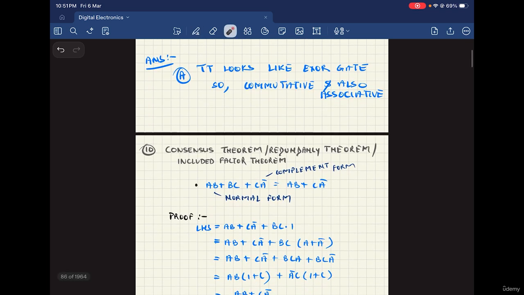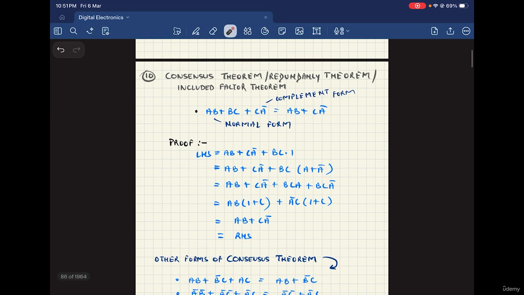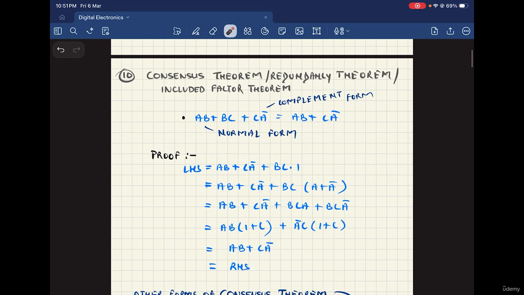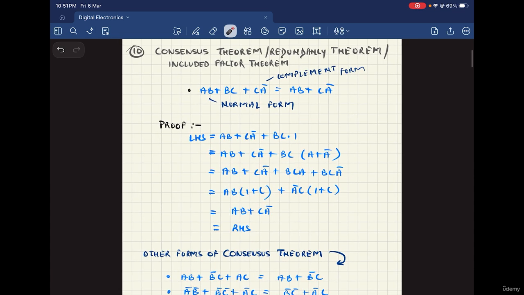Now let's move on to the next theorem, the first theorem you can think of, which is the consensus theorem. This is sometimes called the redundancy theorem or the included factor theorem. What it states is, if AB plus BC plus CA bar is given, you can write it as AB plus CA bar. So you can remove the redundant term, which is BC here.